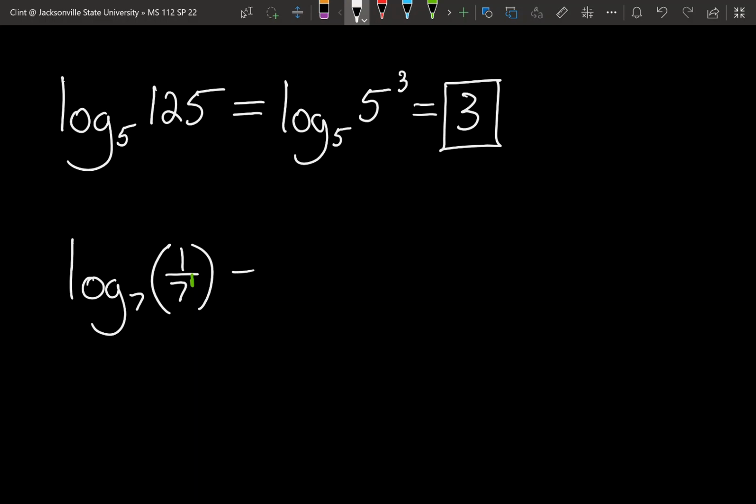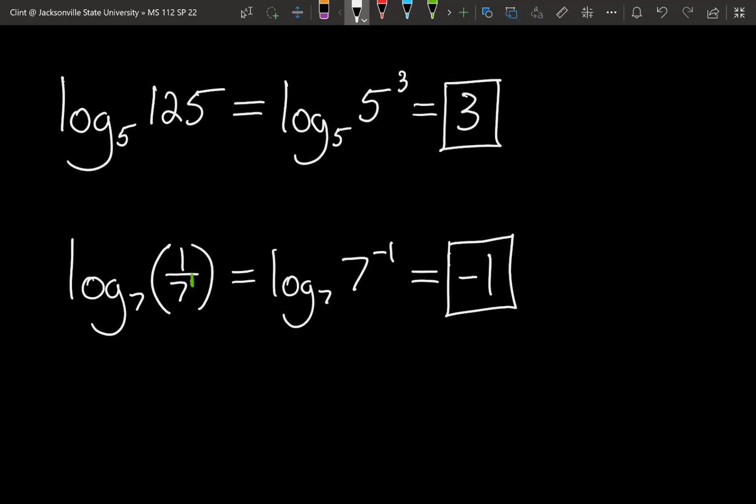So we could rewrite this. And it's not super obvious to do this if you haven't seen one before, but we could change that to 7 to the -1 power. Right? That's the same thing as 1/7. So from there, it's going to be -1.